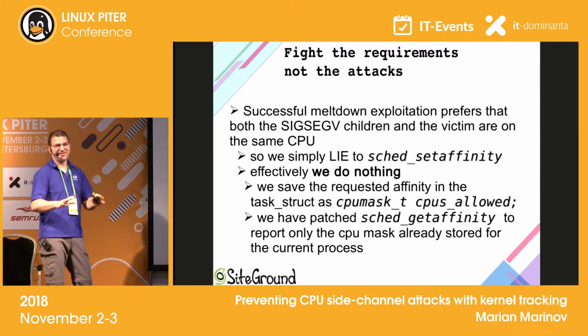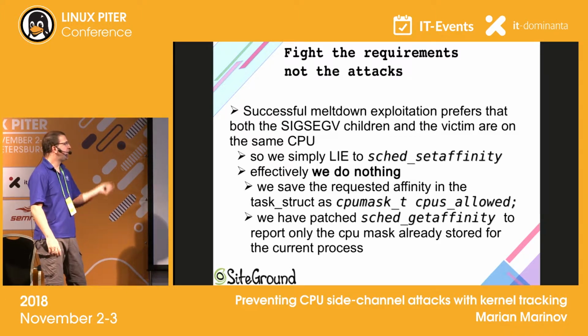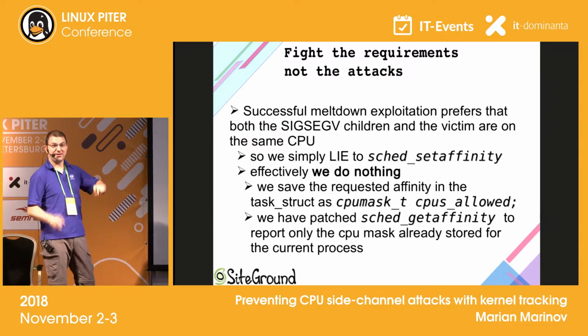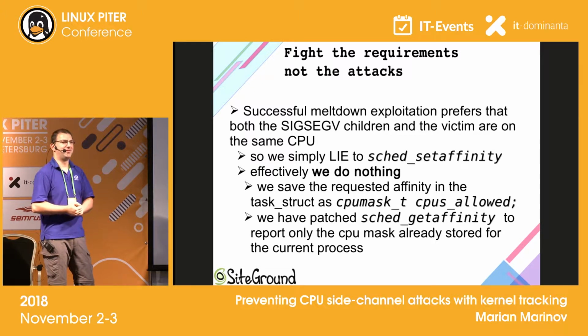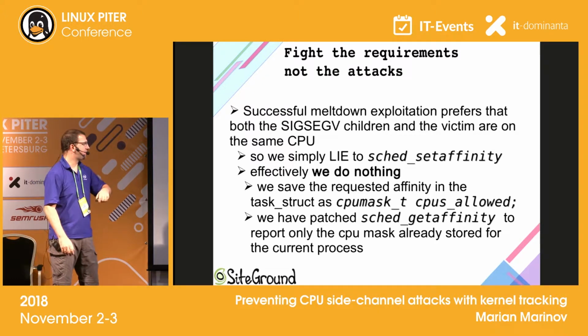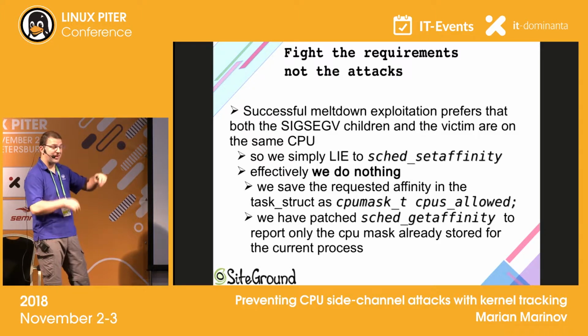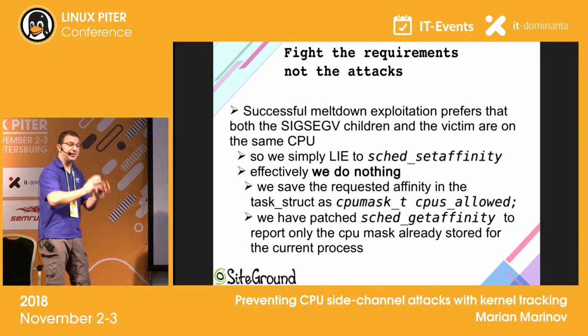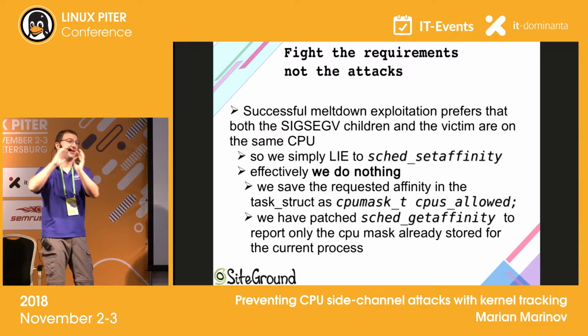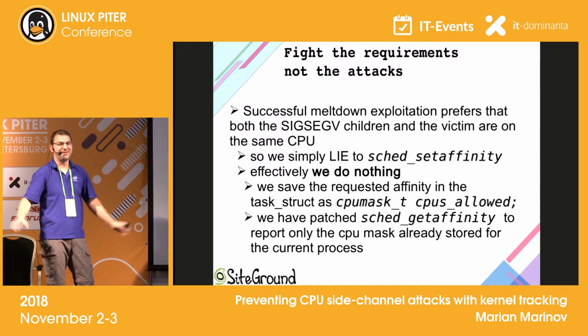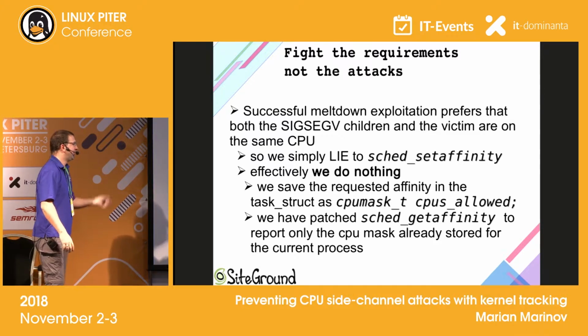The process itself doesn't know that it's not scheduled on the same CPU. We save the CPU mask that should be the new CPU mask in the task struct, and every time it is requested, we give this CPU mask instead of the actual CPU mask.